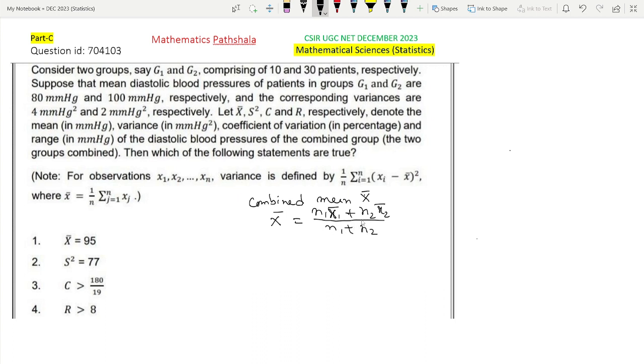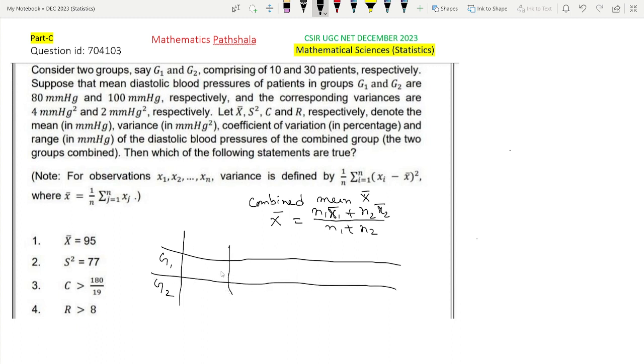And what is n1, n2 and x1 bar, x2 bar? Group 1 is denoted here G1 and group 2 is denoted by G2. Number of observations N1 and N2.